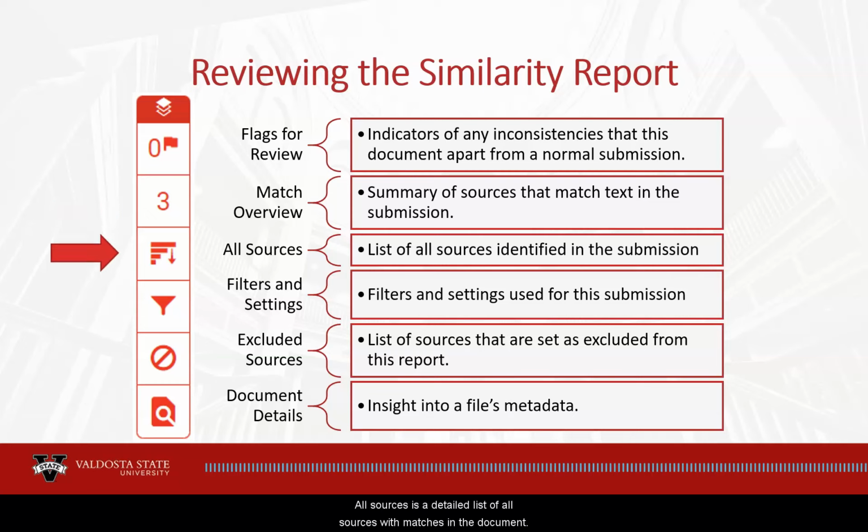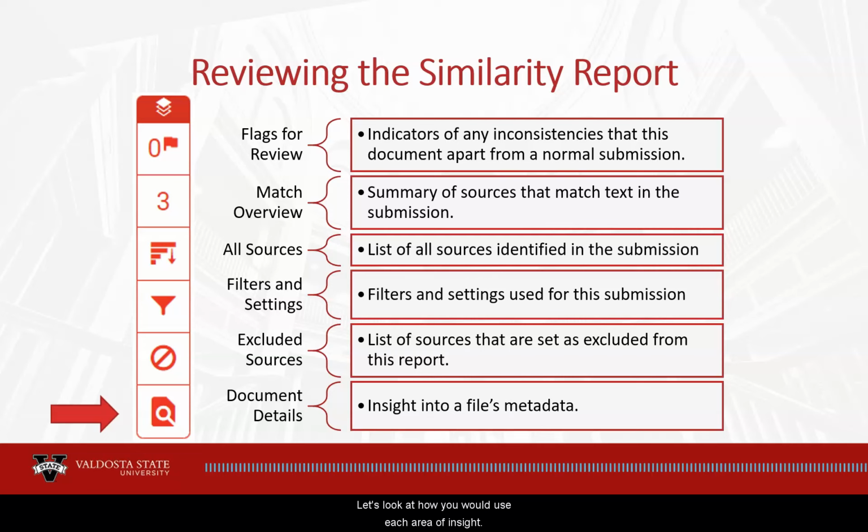All Sources is a detailed list of all sources with matches in the document. Filters and Settings is where you can see and modify the settings for this document. Excluded Sources is the sources that have been set by the instructor to be excluded for this document. And finally, Document Details examines the metadata of the file for indicators of academic misconduct.